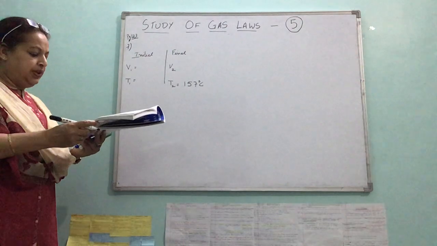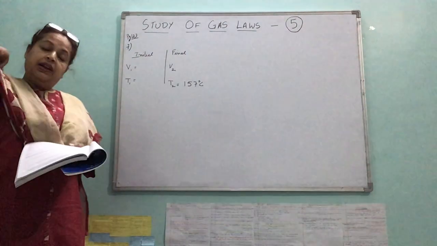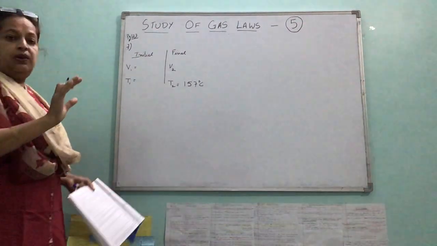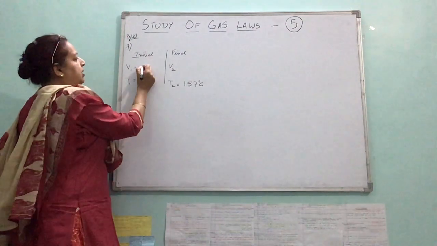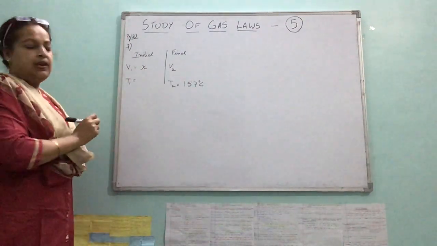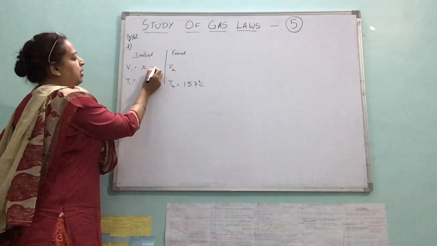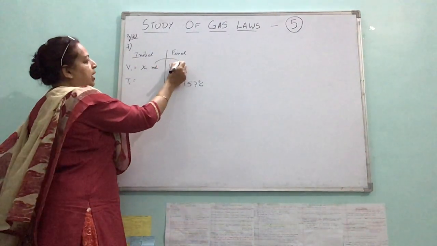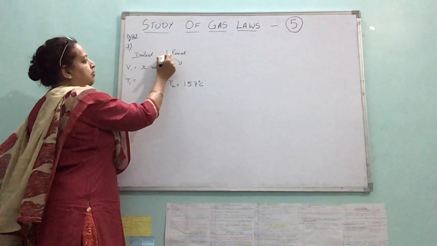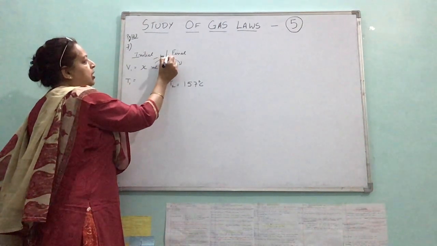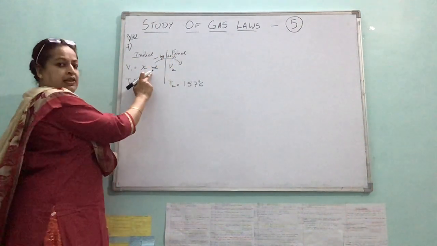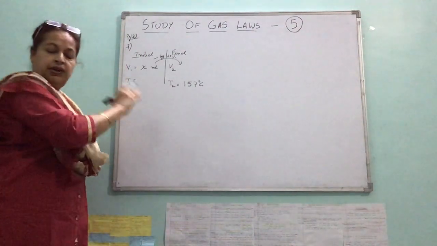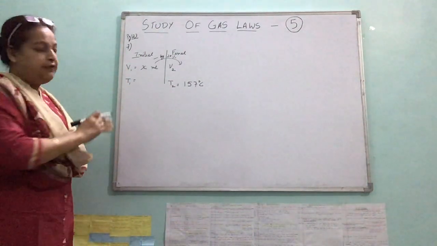It is required to reduce the volume of a gas by 20%. Original volume is not given. Let that original volume be X. Unit, up to you. You can write ml. It is to be reduced by 20%. That means you subtract 20% from this.